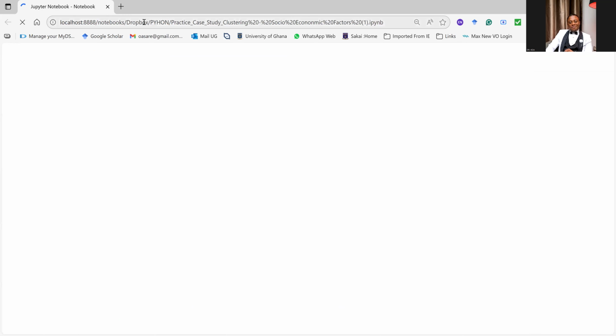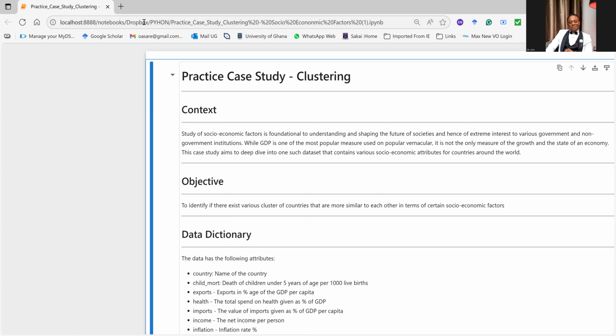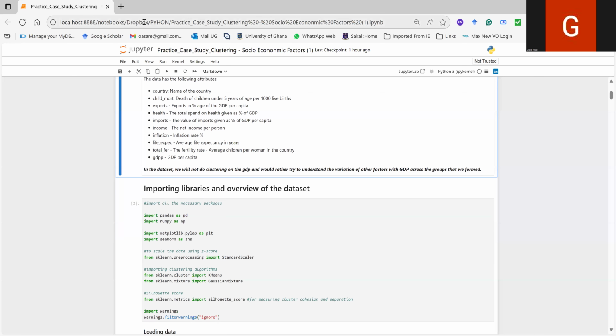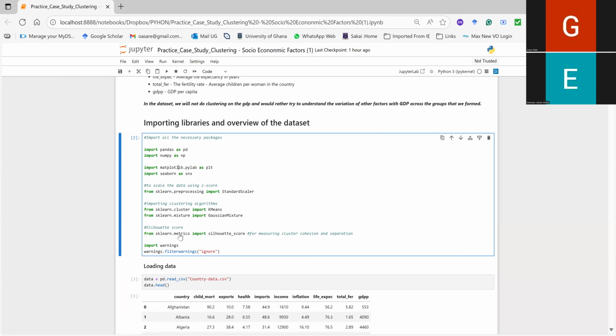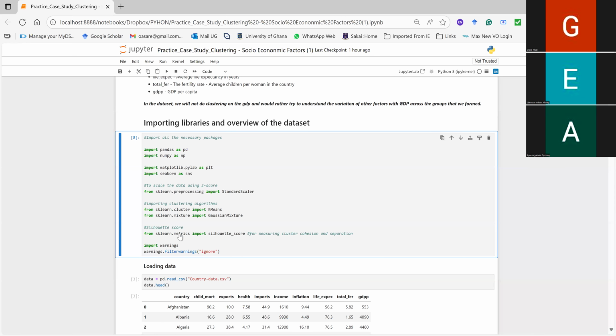I don't know why this is not running. Let me see by hands if you have been able to run the first command. Okay, Grace has done that. Very good. Let me do mine too. Ensure that you are going along. Okay, it's done perfectly.